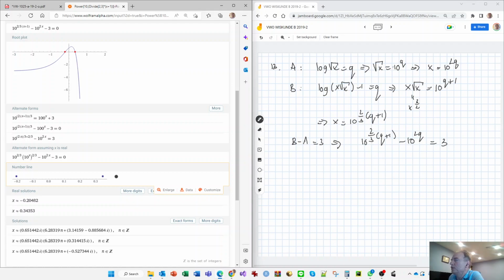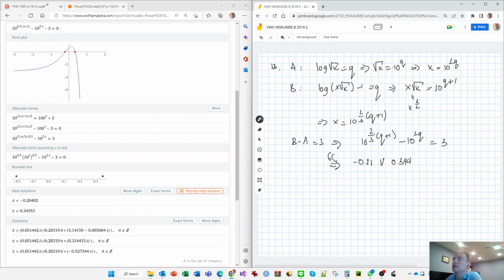So we use our graphic calculator and we get minus 0.21 or 0.344 for our, that's actually for our q.